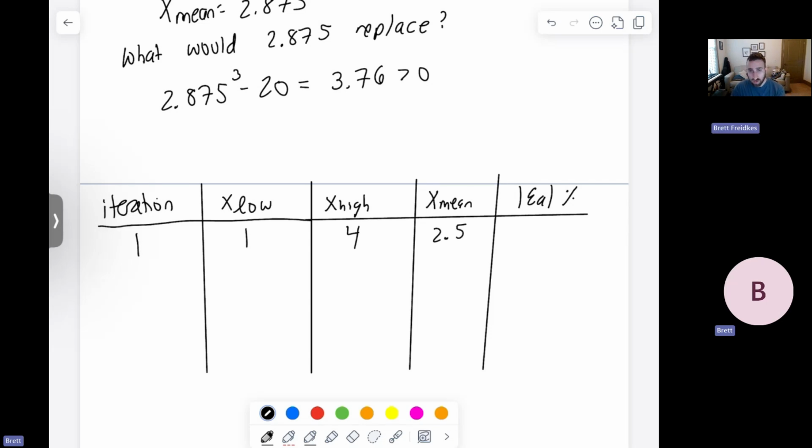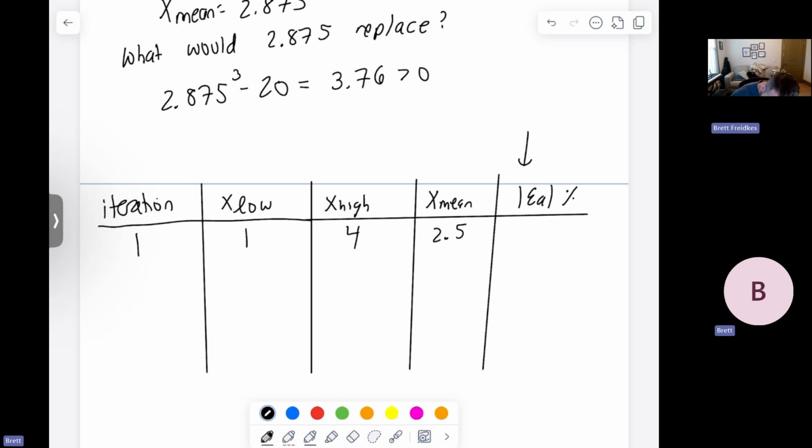Now, depending on who you talk to, we usually think about this as being the first iteration, which means we wouldn't have a relative approximate error. Others might say that you can go ahead and reference that x mean to your original guess. Because at the end of the day, we're trying to find a root, and xlow and xhigh are guesses for what that root is. So you can go ahead and do our current approximation.